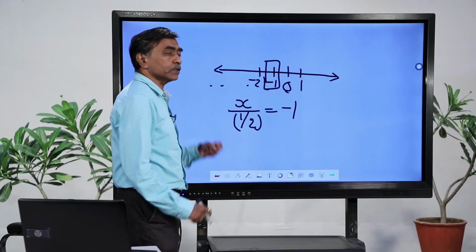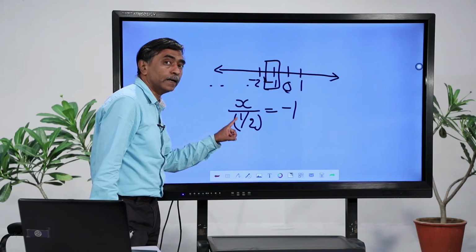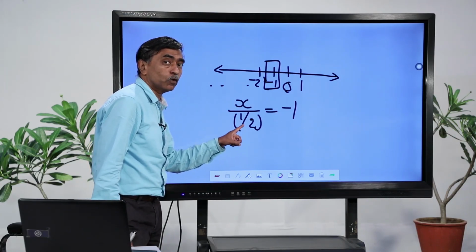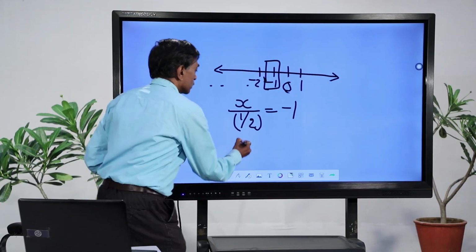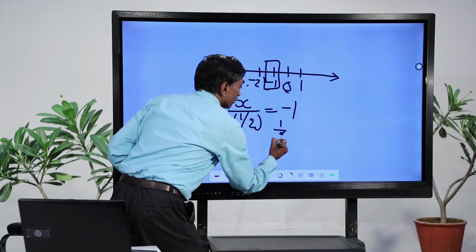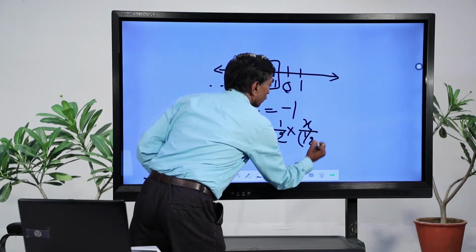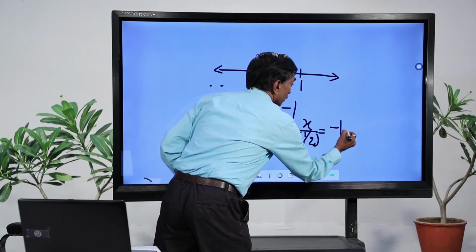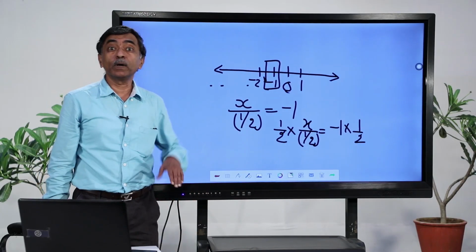When I simplify this, I have divided some number here and I do not want this number here. So, I multiply both sides by 1 by 2 so that I get 1 here. So, I can say 1 by 2 multiplied by x upon 1 by 2 is equal to minus 1 multiplied by 1 by 2.